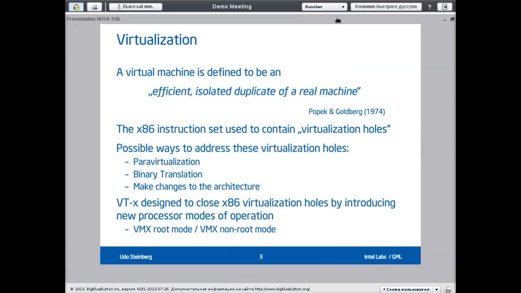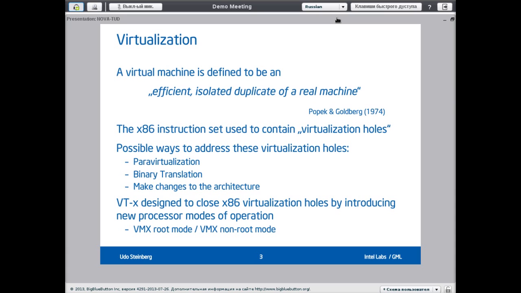It used to work not so well with the x86 instruction set because it contains so-called virtualization holes, instructions that behave differently when you try to run them at a lesser privilege level. And therefore, the instruction set x86 was not virtualizable.